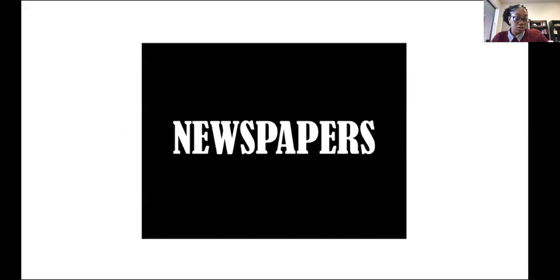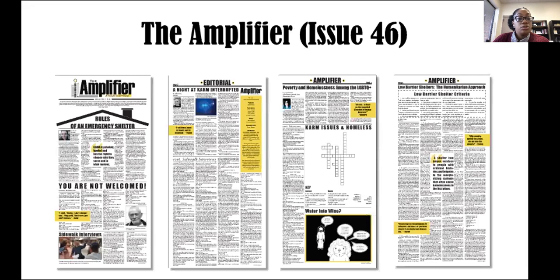Now for newspapers, you also have designs. I used to write and be a designer for the Amplifier, a homeless newspaper in Knoxville. We did a complete redesign of this paper. They needed to find a dominant color, so we used yellow, which is reflective of the logo itself.